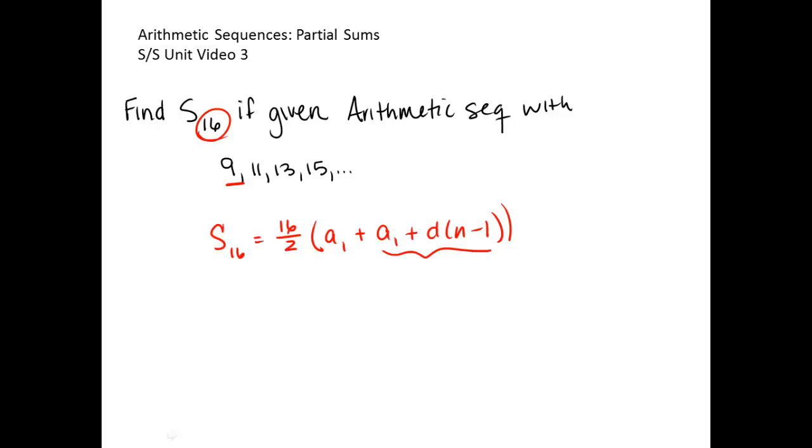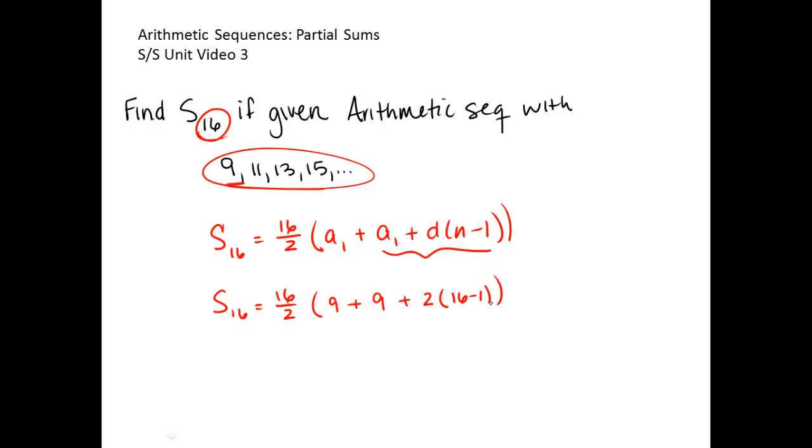I kind of like this because I don't really have to do any extra work and then try to substitute it back in. So it's going to be S sub 16 will equal 16 over 2 times the first term plus the first term, plus my common difference here, which is 2, times 16 minus 1. So this really is my 16th term, but I don't have to calculate it separately.